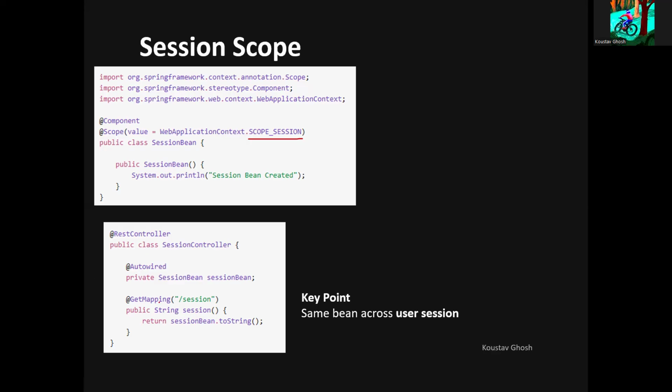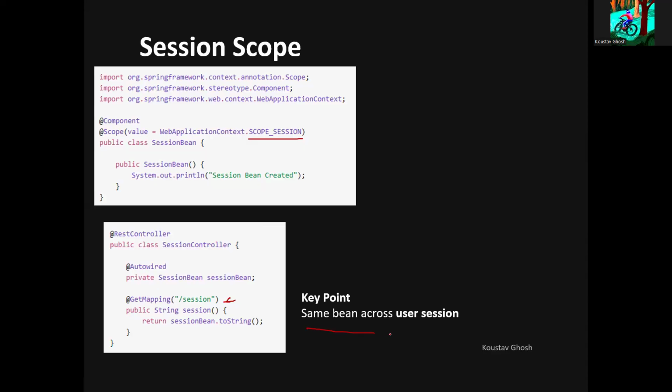Clear? So suppose this is the GetMapping with slash session, this API. When the session has been created, within the same session multiple APIs will be called and we will use the same shared bean. So the point is within the same session, multiple API calls will use the same bean.